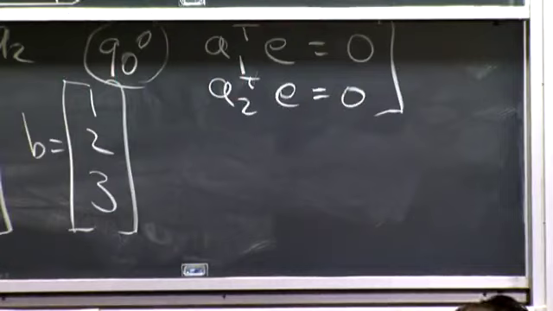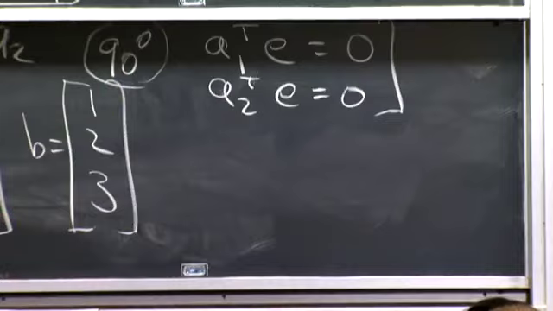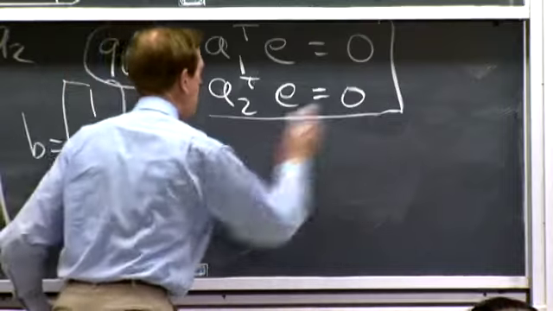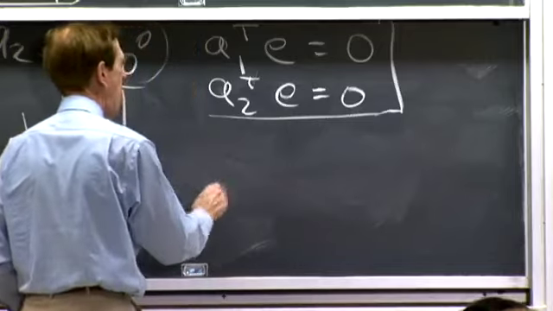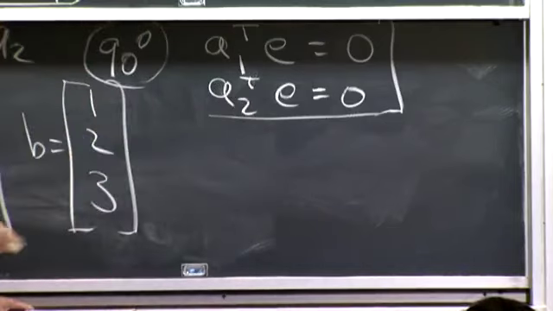Okay, I have to convert those now into matrix language because I've done them in separate vector language. I want to get into matrix language, but it's easy to do. Here I have two equations, so let's get a matrix here. What are A1 transpose and A2 transpose?